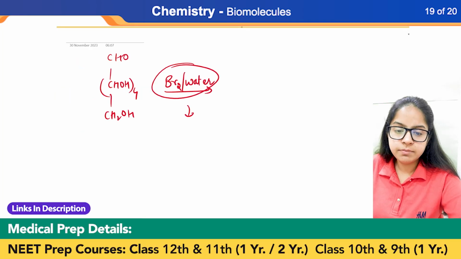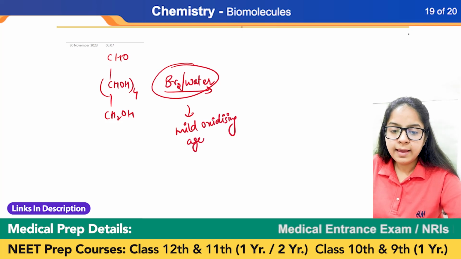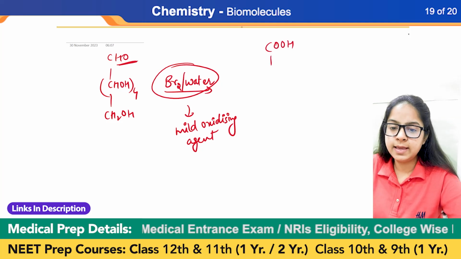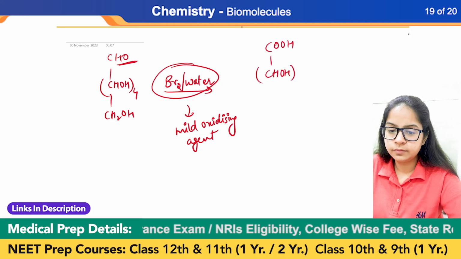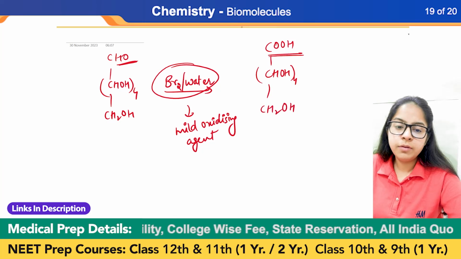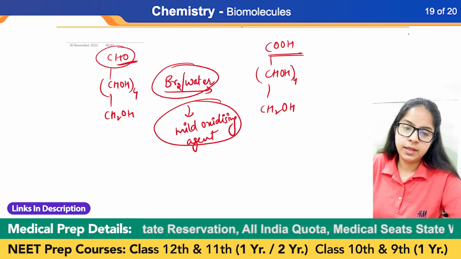Bromine water is a mild oxidizing agent. So it will oxidize only the carbonyl carbon to COOH. So from this, we got to know that CHO is present over here.